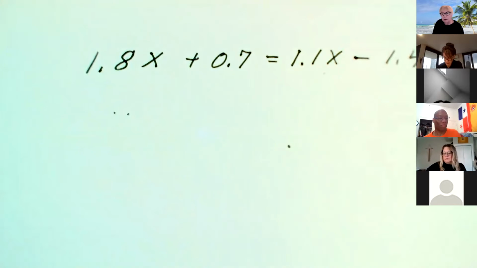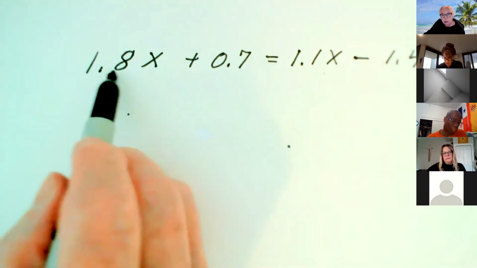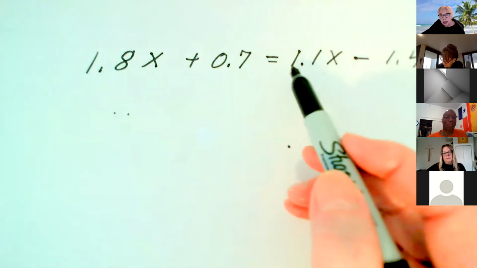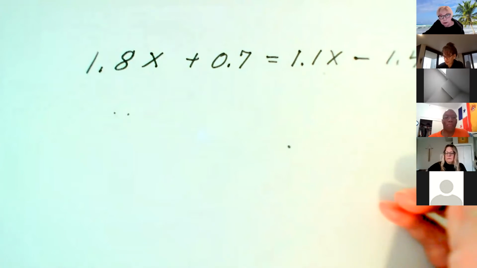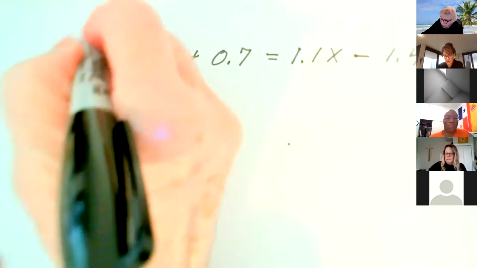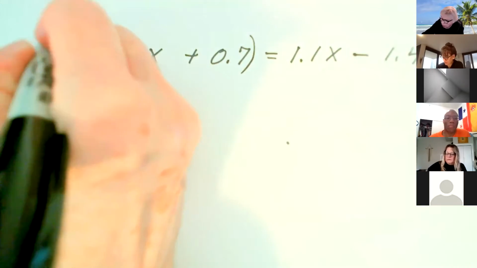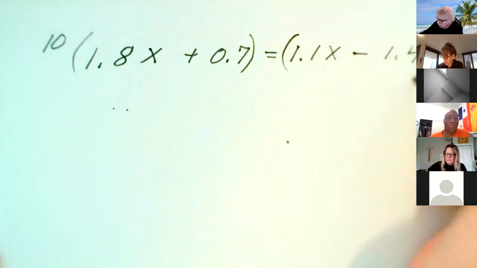Decimal, decimal, everywhere you look is a decimal. Now, you could still do this without getting rid of the decimals, but notice every one would be one decimal place and you would be out of the decimals. And so this one is sort of calling me to multiply both sides by 10.